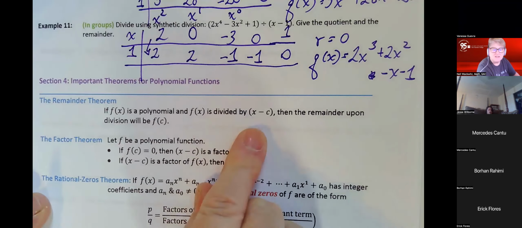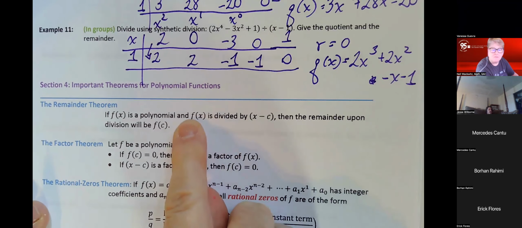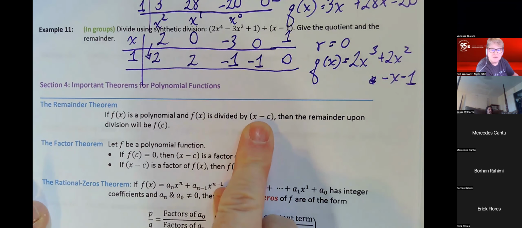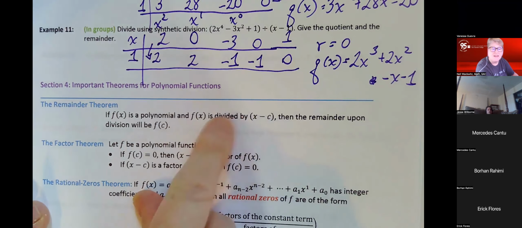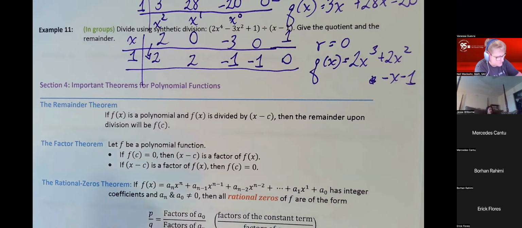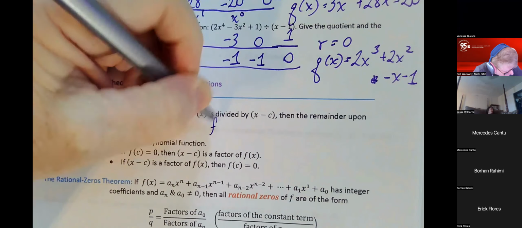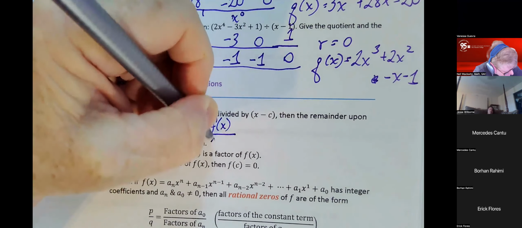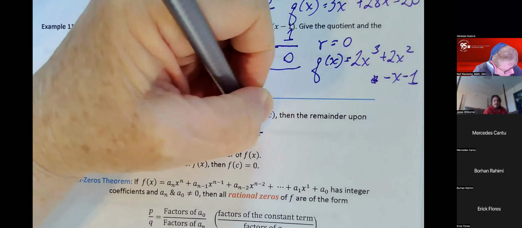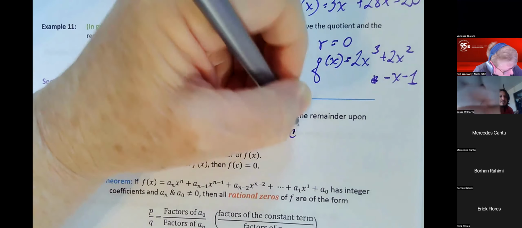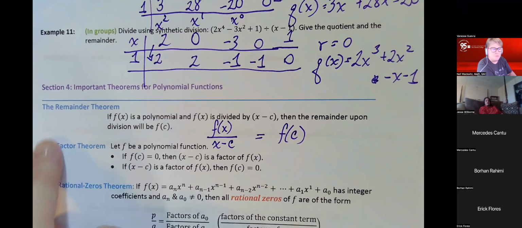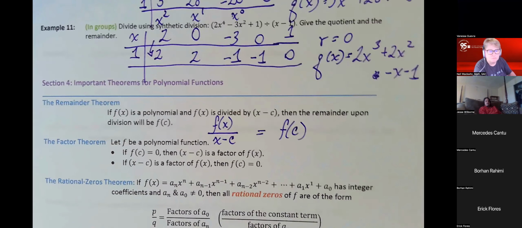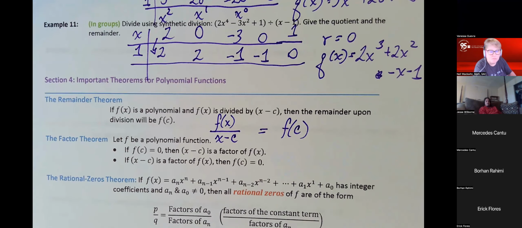The first one is if we're dividing a function by x minus c, that's the same thing as plugging c into f. So f of x divided by x minus c is equal to plugging c into f. That's what the remainder theorem says.